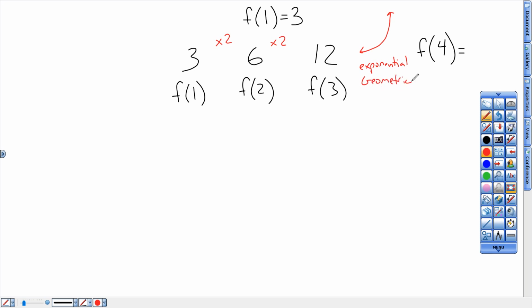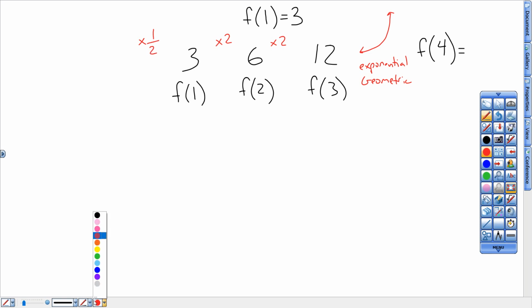I could use that timesing 2 to go the opposite direction, which is dividing by 2. This 3 divided by 2 gives me 3 over 2. But remember, making it more complicated, we don't divide by 2. We show dividing by 2 as timesing by the reciprocal of 2, which is timesing by 1/2.